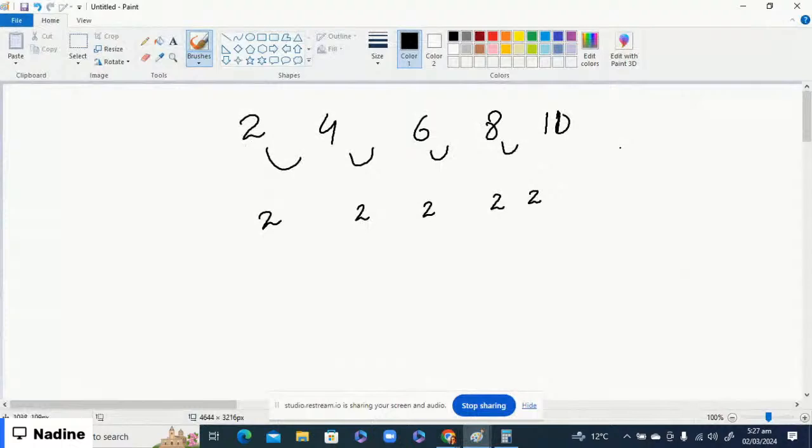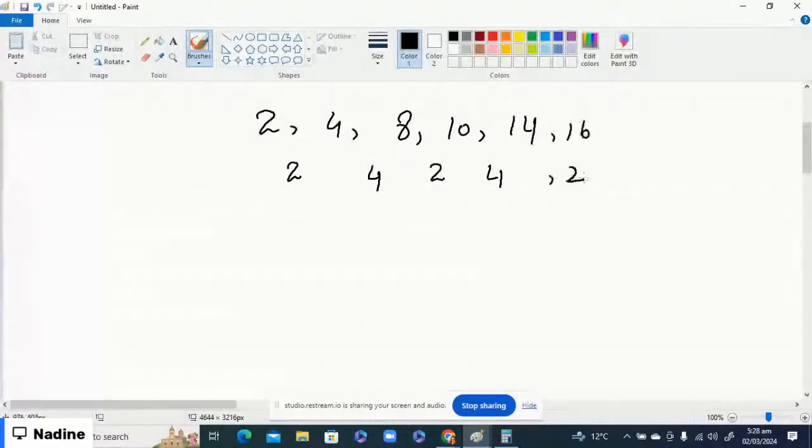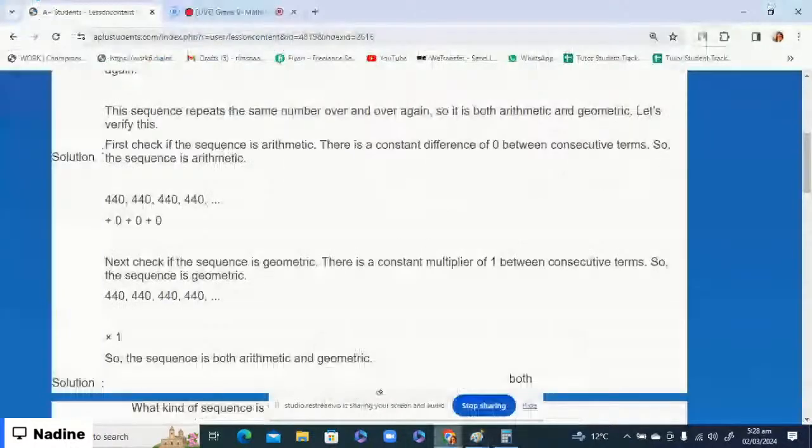But if, for example, here is 2, then 4, then 8, 10, and 14. What is the difference between 2 to 4? That is 2. 4 to 8, it's 4. 8 to 10, it's 2. 10 to 14, it's 4. So this kind of pattern is not an arithmetic pattern.